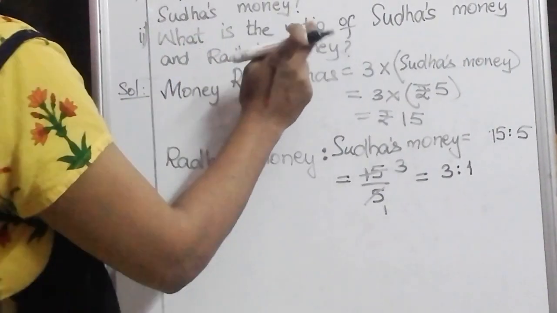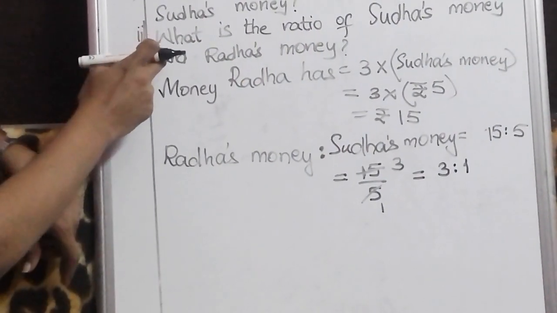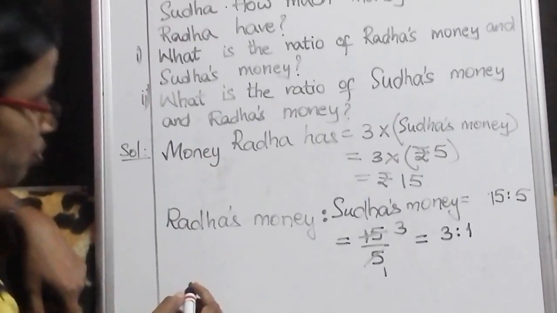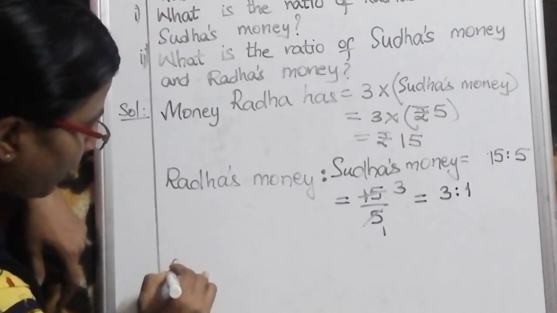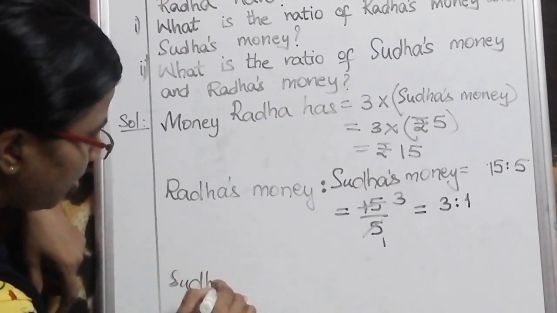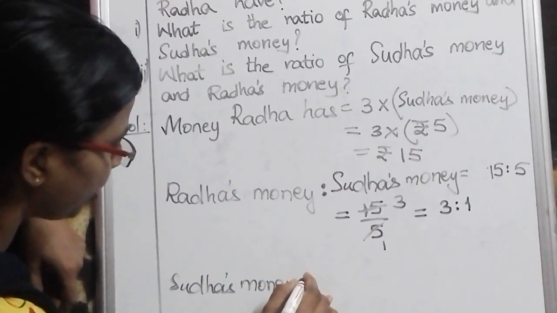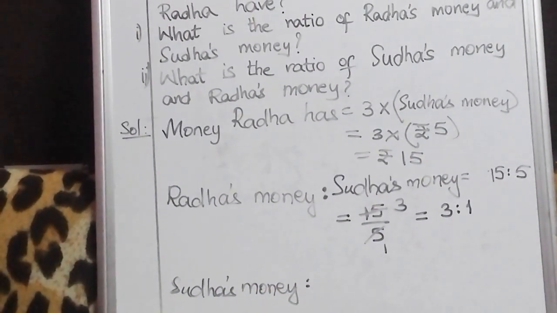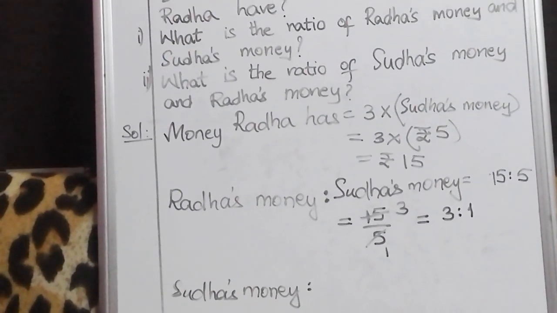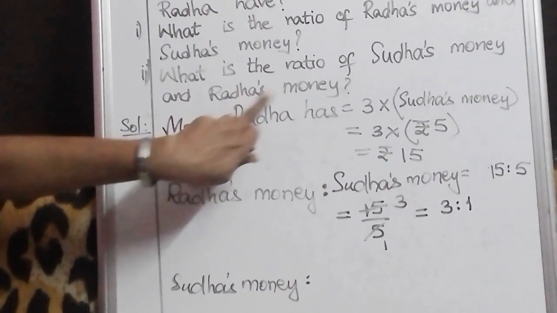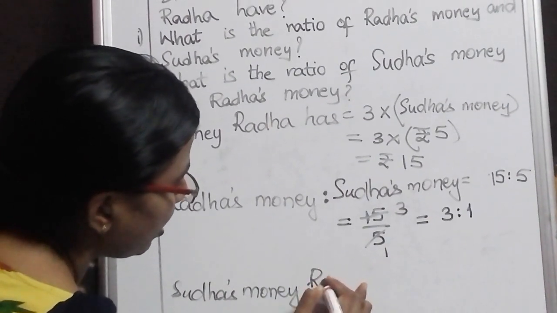Now let us see the next part of the question. What is the ratio of Sudha's money to Radha's money? They ask the ratio, so we need to represent it by writing is to, and the other part is Radha's money.